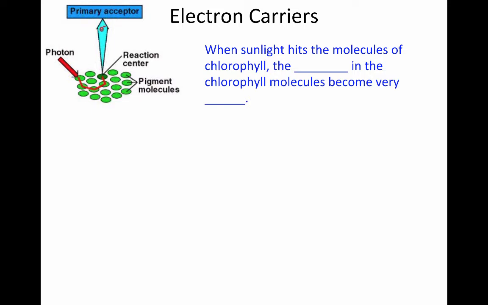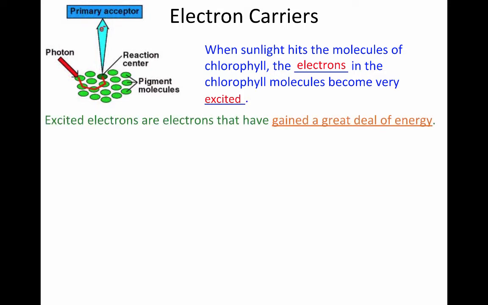So when sunlight strikes that photosystem, the energy of the sun gets transferred to the chlorophyll. And so within the chlorophyll, because remember, chlorophyll is a molecule. Molecules are made up of atoms. Atoms have electrons. So there are electrons in the chlorophyll, and when those electrons absorb that energy, they become excited, right?